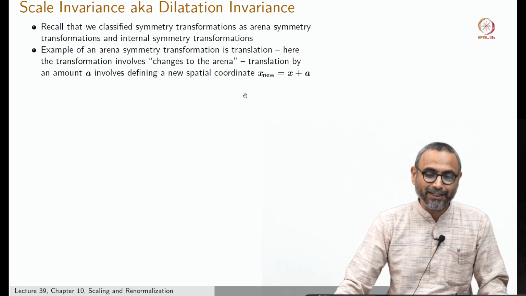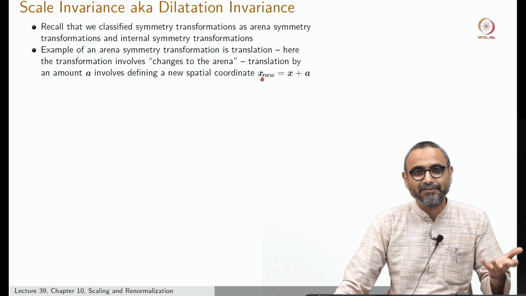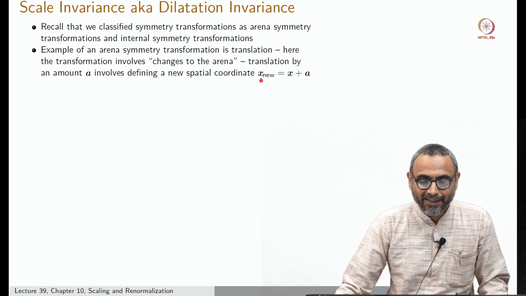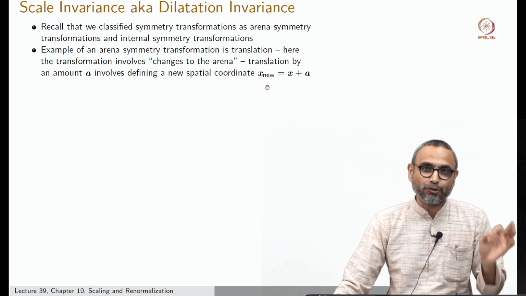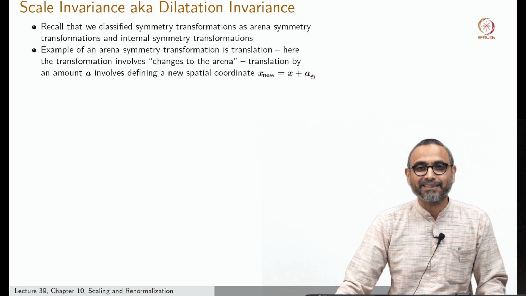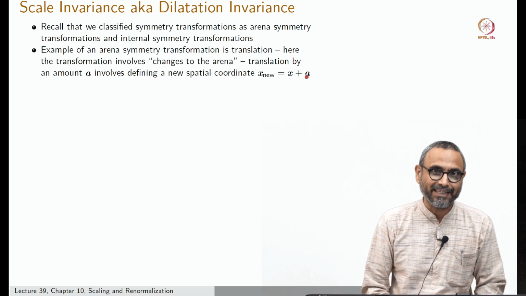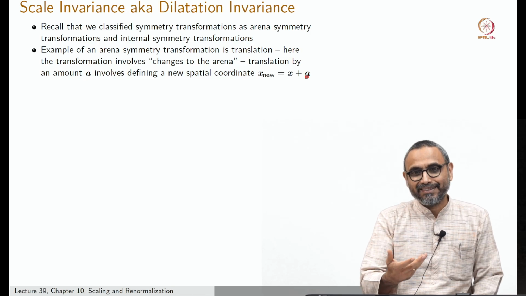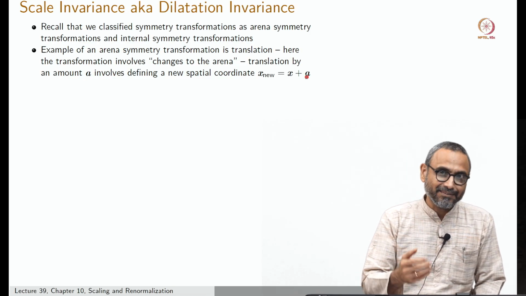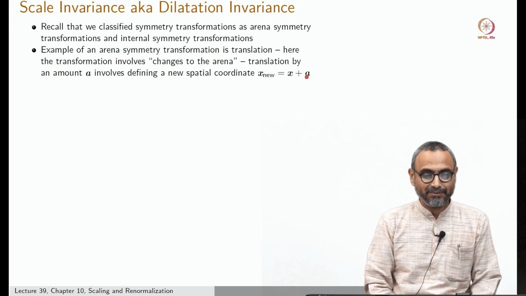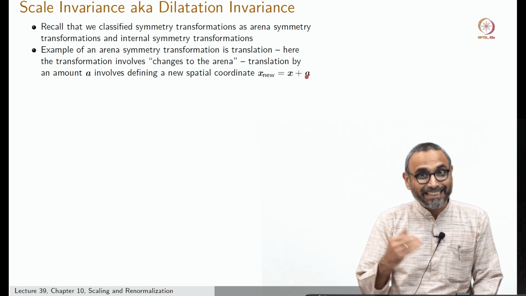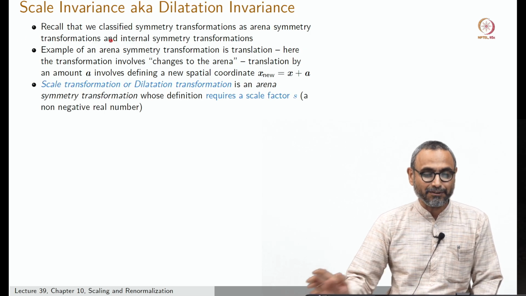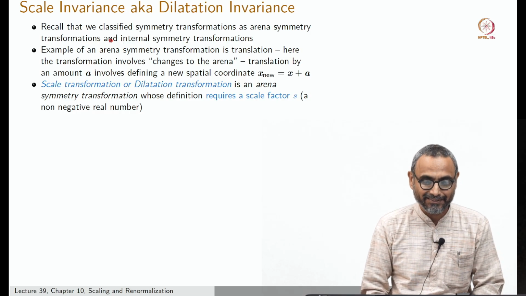If I do a translation, there are many ways to do it, I am just illustrating it with this simple equation here. The new coordinate of a point which was originally called x would be x plus a, where a is the amount by which you have translated. So to describe this symmetry, we need a parameter called a, the amount of translation. Something similar is required for understanding a scale transformation or dilatation transformation.